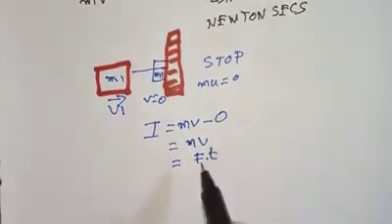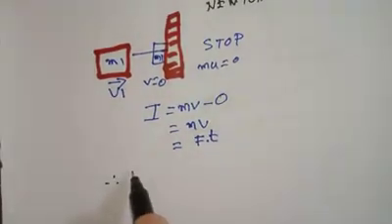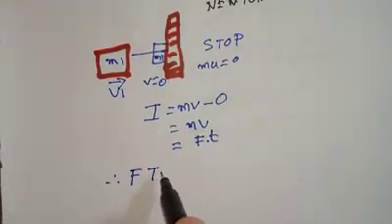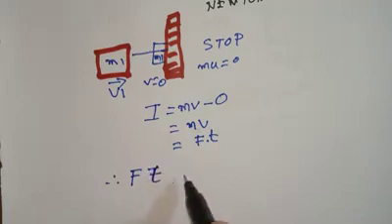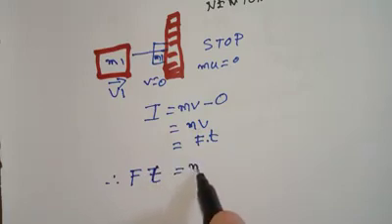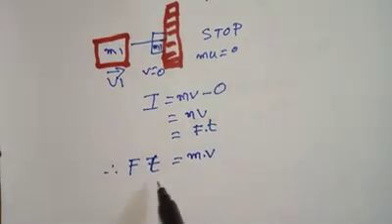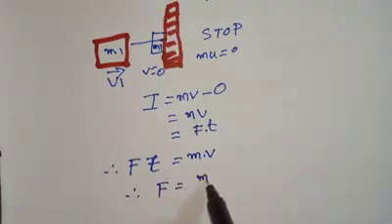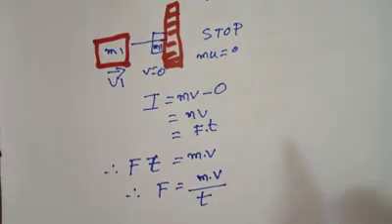So we can write Ft, with small t, mind it, equals m times v. Therefore F equals mv by t. This is what we have deduced.